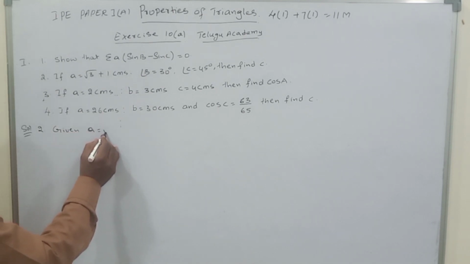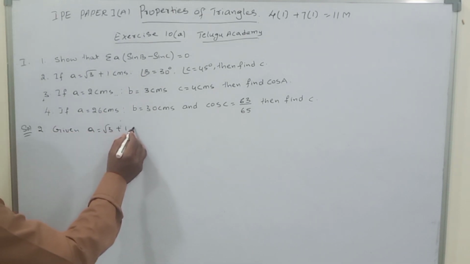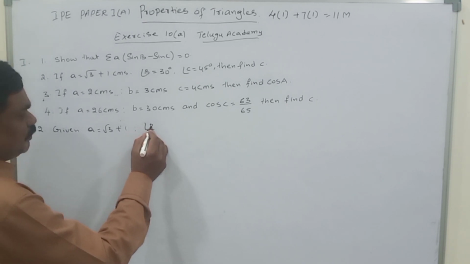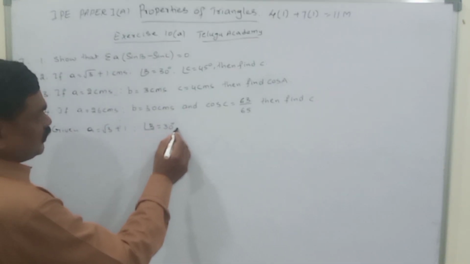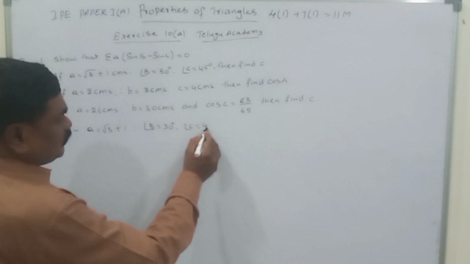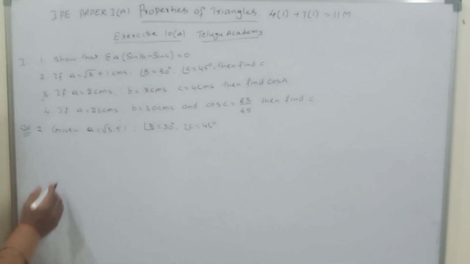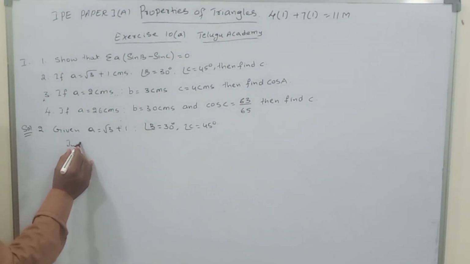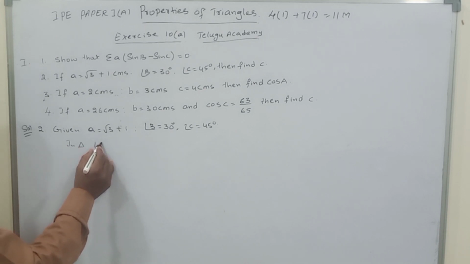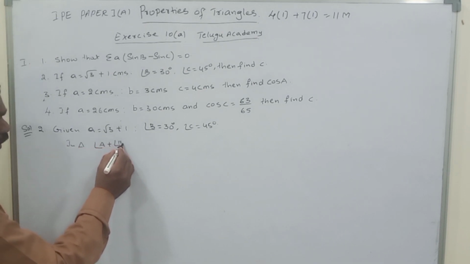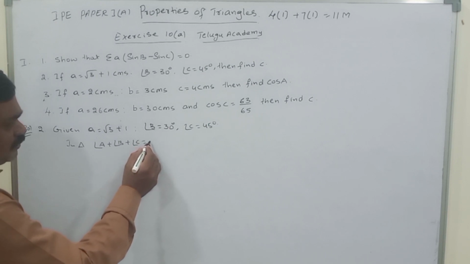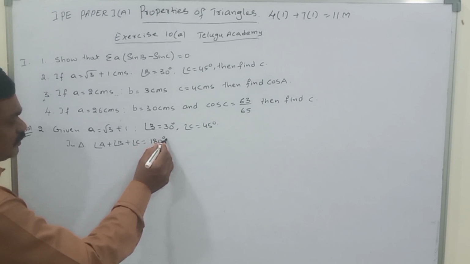Given a is equal to root 3 plus 1, angle B is equal to 30 degrees, angle C is equal to 45 degrees. So in a triangle, angle A plus angle B plus angle C is equal to 180 degrees.